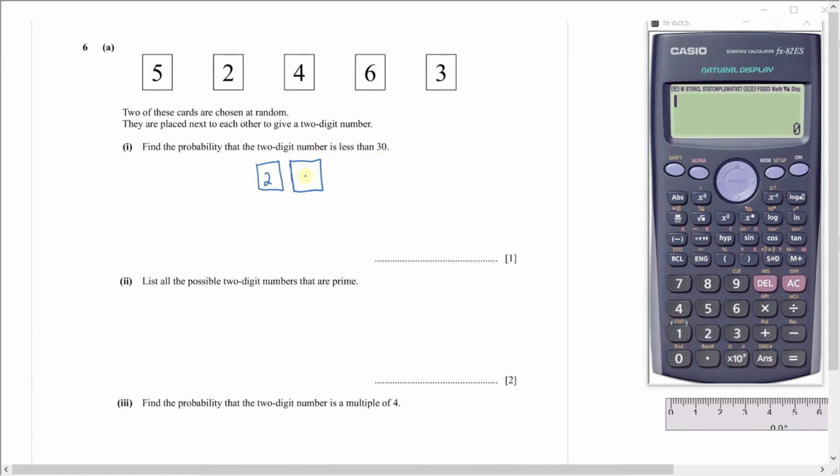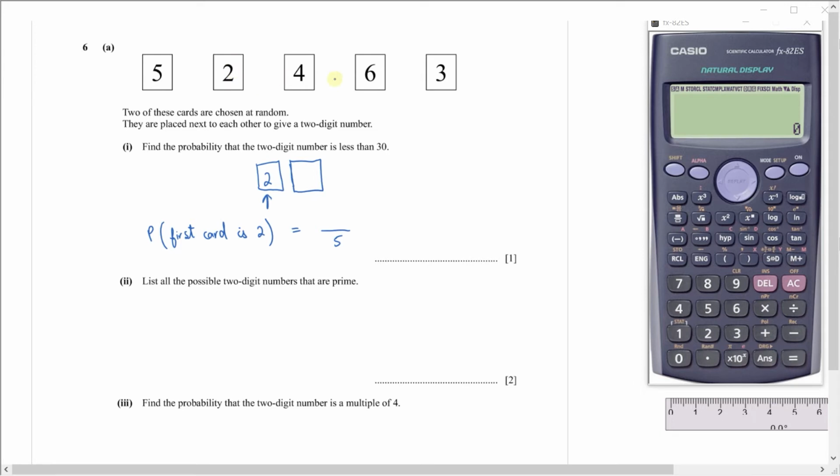So you don't care what the second card is, as long as the first one that you pick is 2, you are guaranteed that the two-digit number that you will get will be less than 30. So what is the probability that the first card that you pick is 2? So you have 1, 2, 3, 4, 5 cards, and out of those 5, this one is 2.